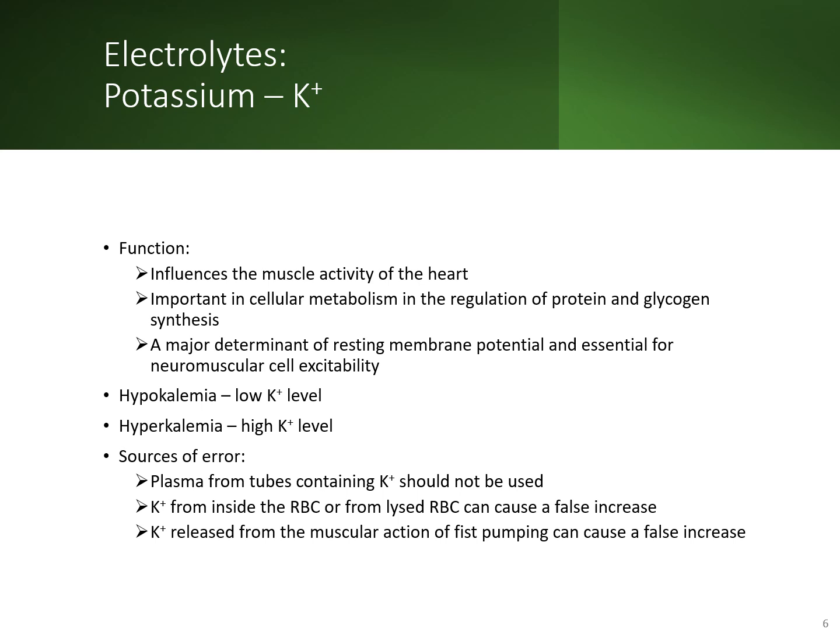Sources of error would be plasma that is from a tube containing potassium. An example of this would be if someone drew a potassium EDTA tube, which is the purple tube, and then they realize, oh, I forgot to get a serum tube for chemistry. So they think, okay, well, I'm going to pour some of this potassium EDTA purple lavender tube into this gold top tube, and nobody's going to be wise about it.